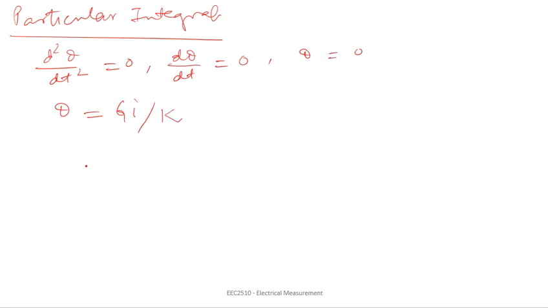So the complete solution of the differential equation can be a times e raised to the power m1t plus b e raised to the power m2t plus theta f. So this is theta f. This can be the complete solution of the differential equation.